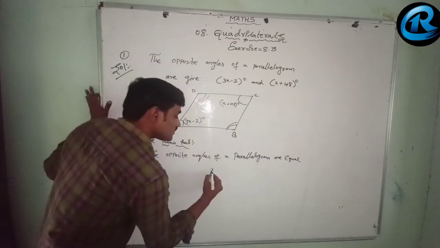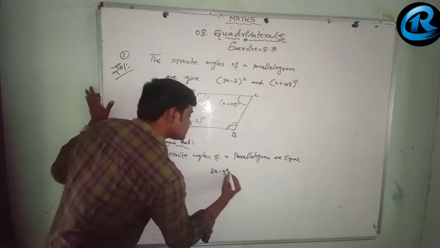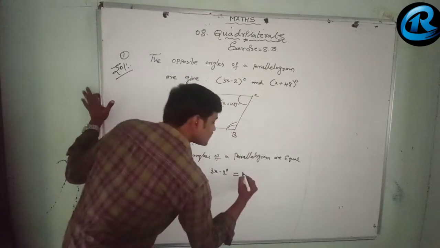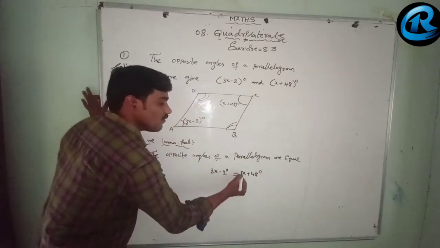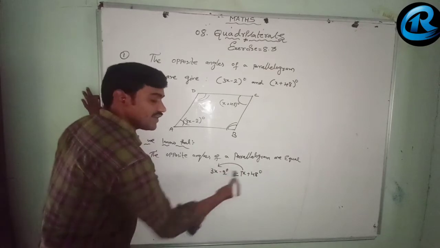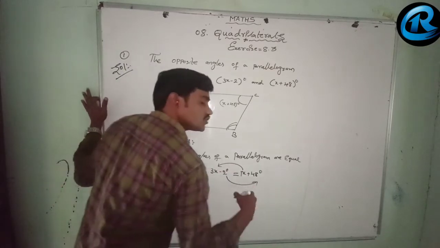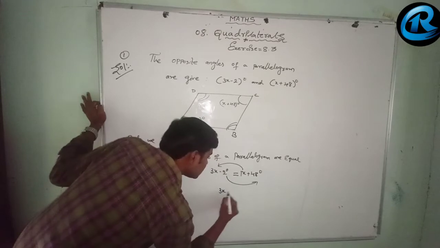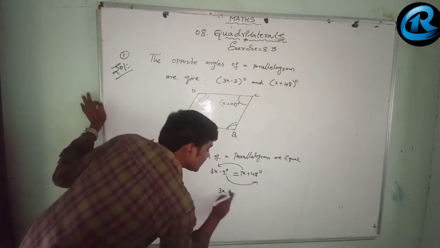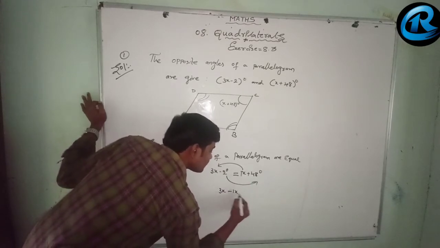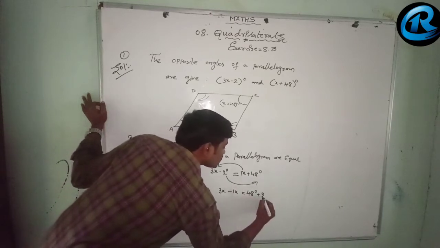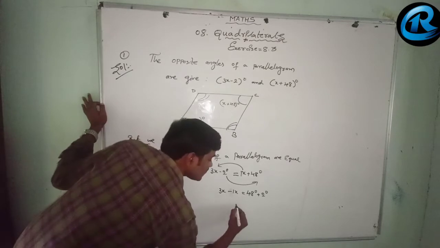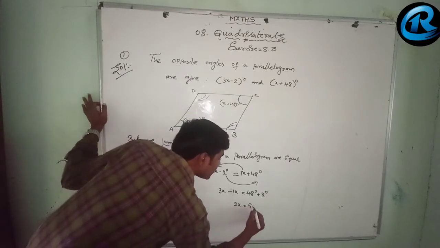So here, let us make 3x minus 2 degrees equal to x plus 48 degrees. Let us bring this x to the LHS side. Variables should be on one side and constant numbers on the other side. So 3x minus x, equal to 48 degrees, and this minus 2 degrees becomes plus 2 degrees. So 3x minus x is 2x, that equals 50 degrees.